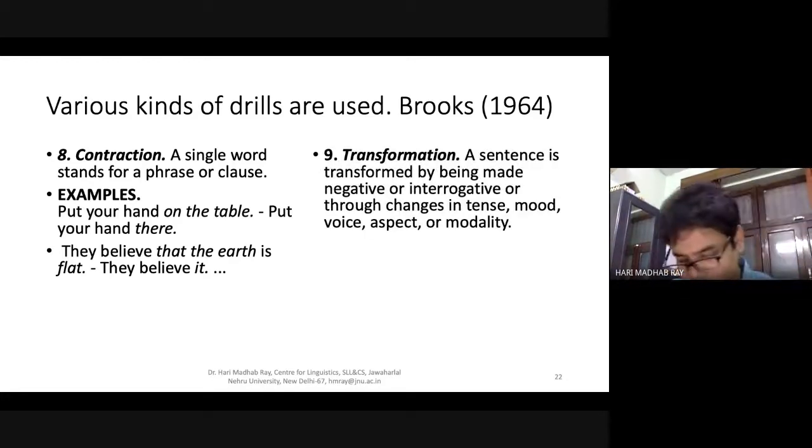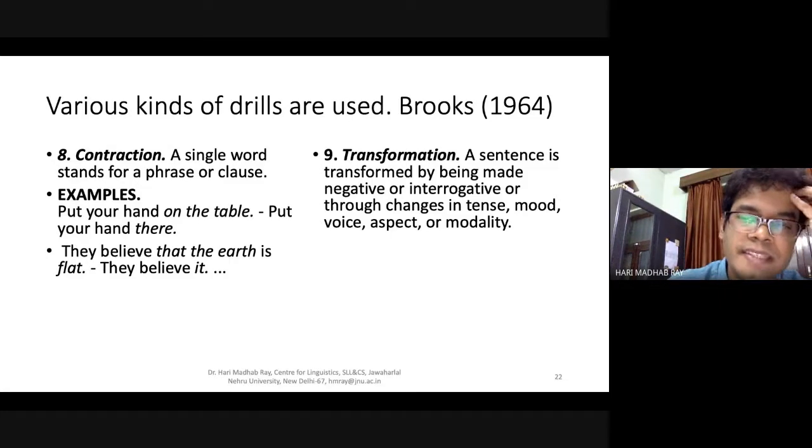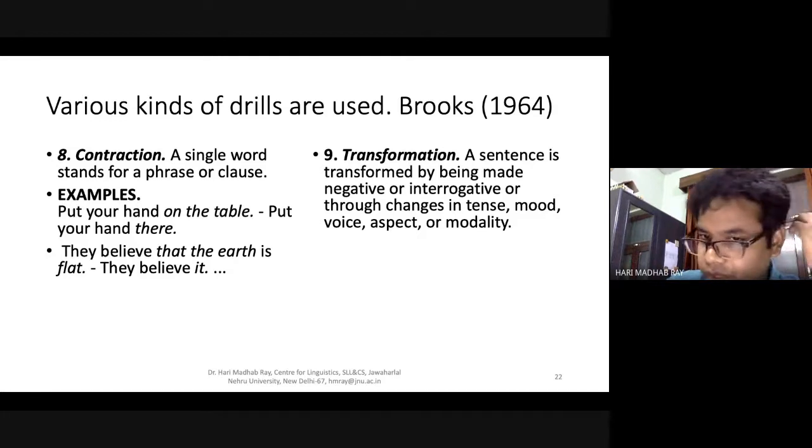Transformation also. In transformation, we know how a particular sentence can be transformed. Let's say an assertive sentence is made into negative or interrogative, either through a change of tense, mood, voice, aspect, or modality. So the whole transformation in syntax we do.